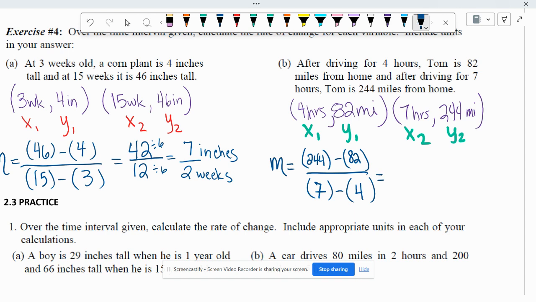244 minus 82 is 162. And 7 minus 4. Okay. Can I reduce that?